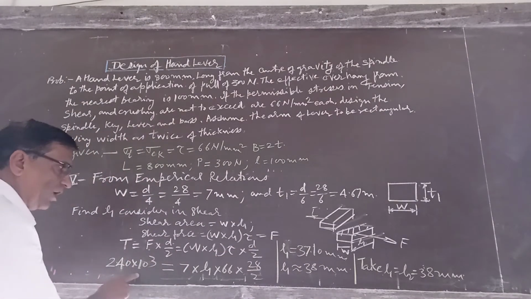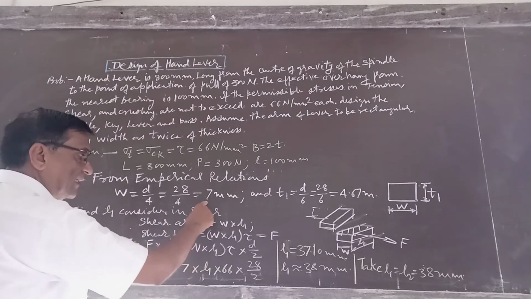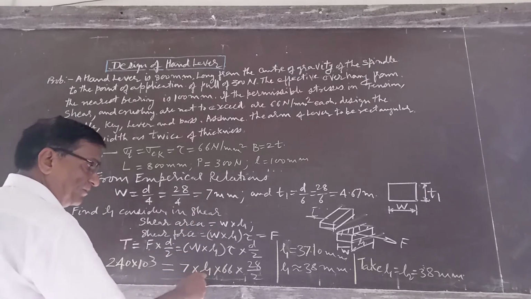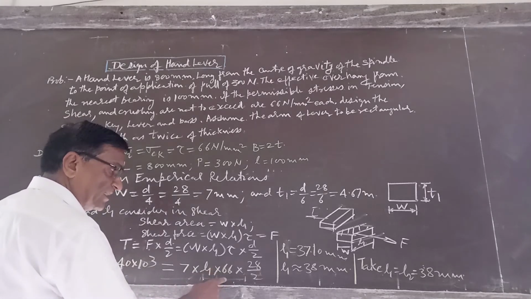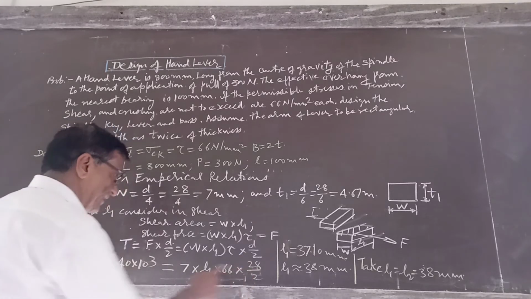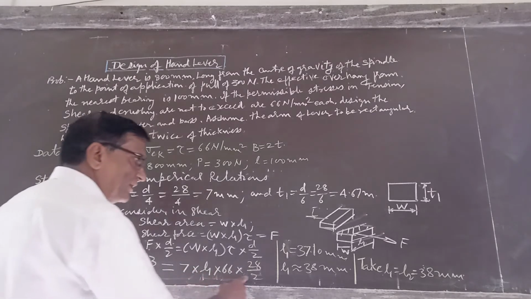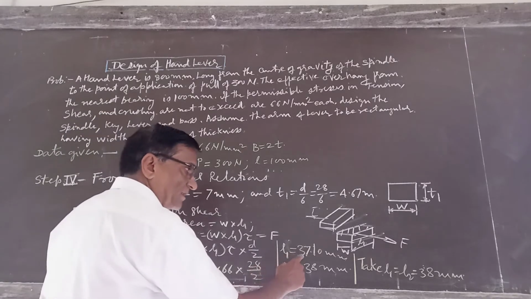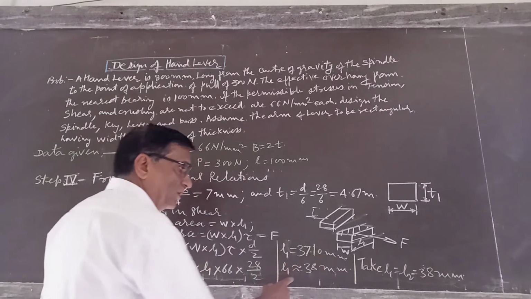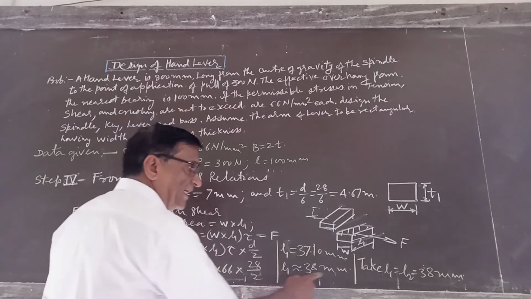Putting the values, W is equal to 7, L1 we have to calculate, tau is equal to 66, and D is equal to 28. From this we will calculate the value of L1, that comes out to be 37.10. We will take L1 is equal to 38 millimeter.